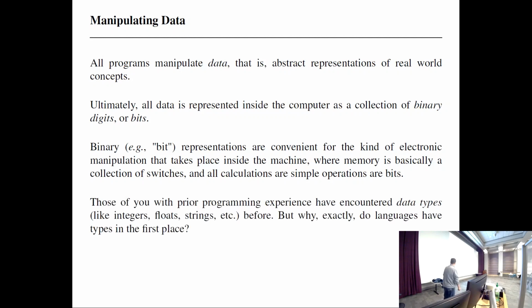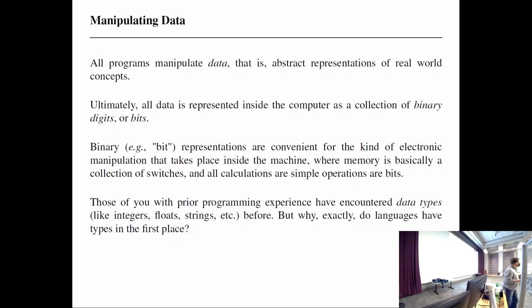Now, those of you who have done some programming in the past have encountered this idea of something called a data type, things like an integer, or a floating point, or a string, or a character, or even an image. And all of these things are built into the language that you're using.